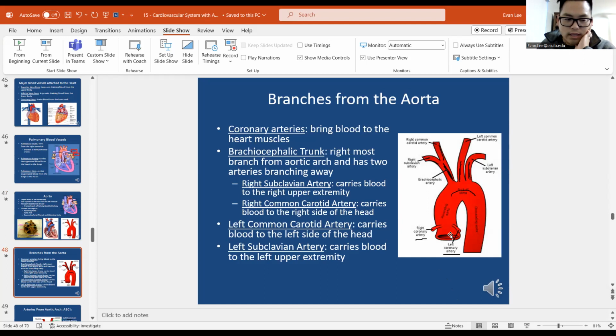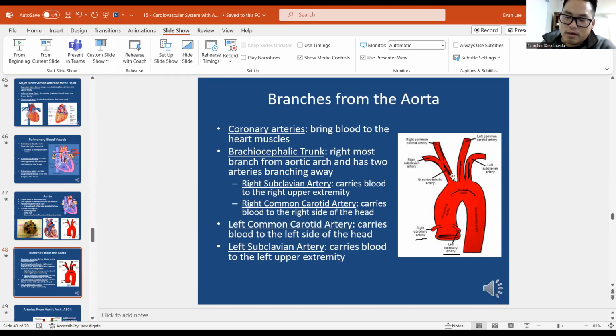We'll look at these more specifically later, but if you've ever heard of coronary bypass surgery, these arteries are the ones often affected during a heart attack. When these blood vessels are blocked, you're not supplying the heart with blood. That's bad. We'll look at those again later.